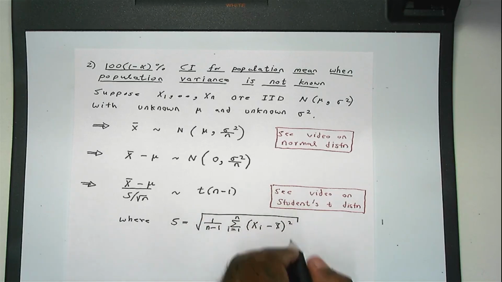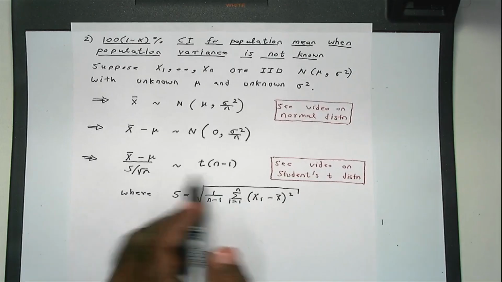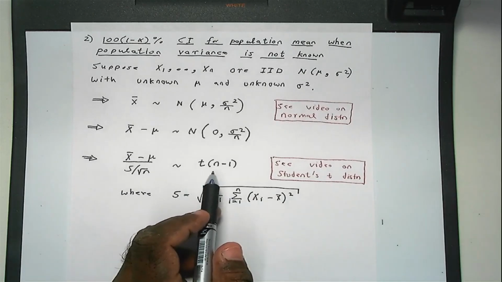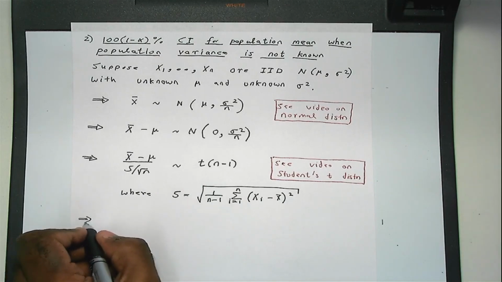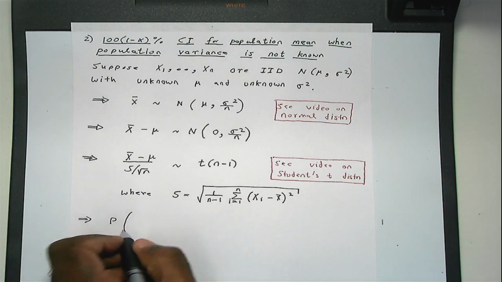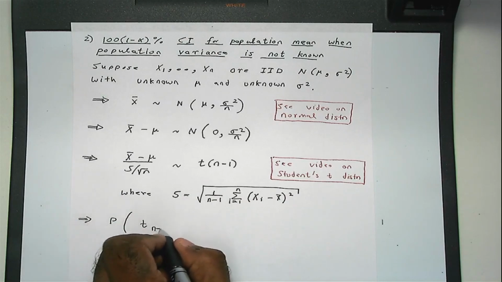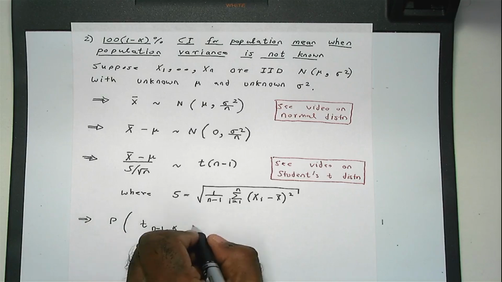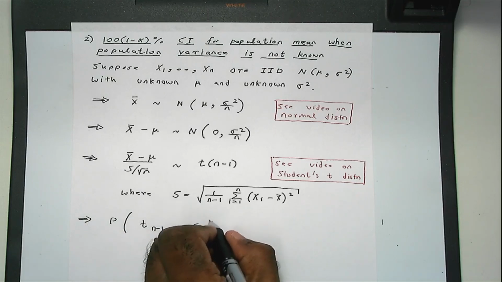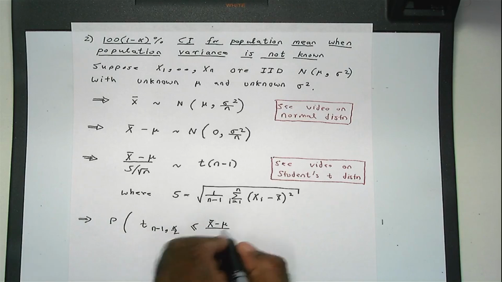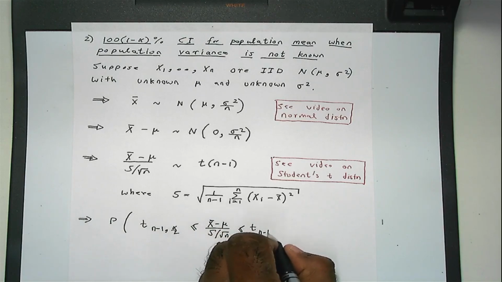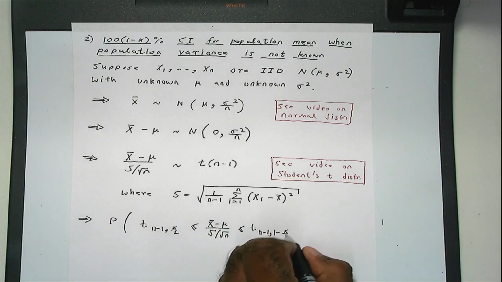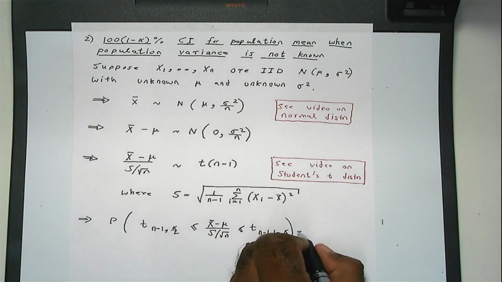Now the fact that this has a T distribution, remember T is also a symmetric distribution, implies that the probability that this must be 1 minus alpha, right?